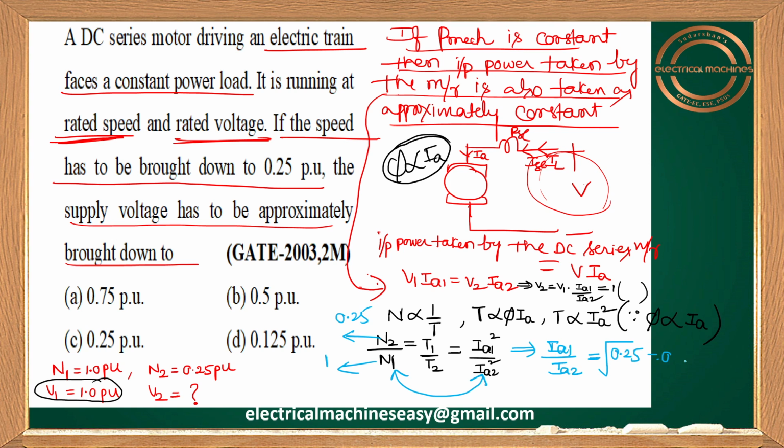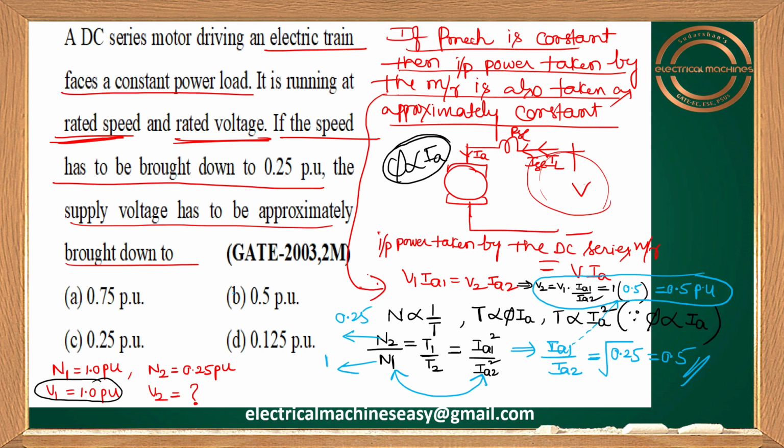If you substitute this Ia1 by Ia2 value here, you'll get 0.5. So what is your answer? V2 equals 0.5 per unit is the answer. Okay, so option B is the answer for this question.